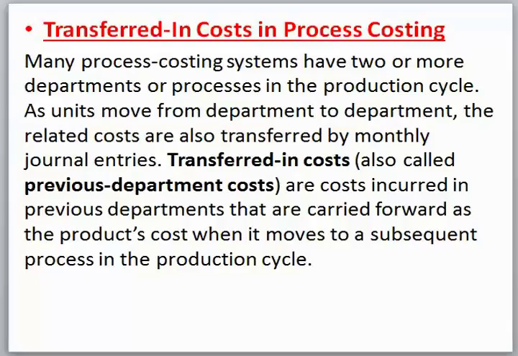Transferred in costs, also called the previous department cost, are costs incurred in previous departments that are carried forward as the product's cost when it moves to a subsequent process in the production cycle. So when the units move from one department to another, their related costs are also transferred by monthly journal entry. And the transferred in cost is also called previous department costs because it is related to the previous department.